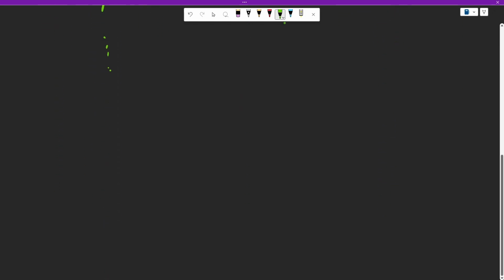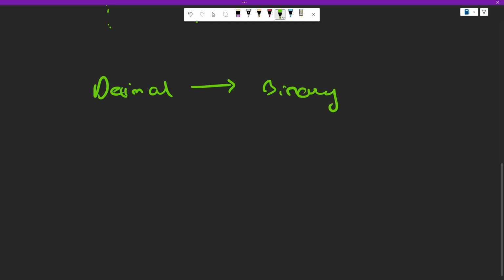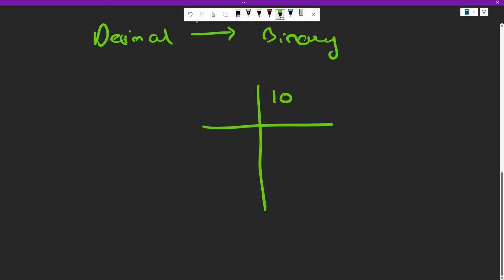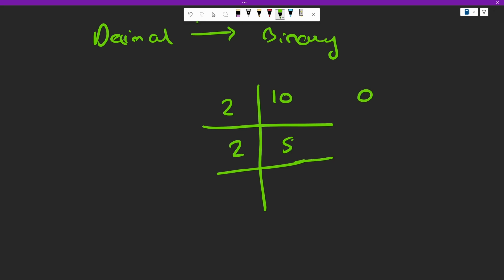Okay, so let's see how we can convert decimal to binary. We have the number 10, and when we have any number, we always divide it by 2. 2 fives are 10, remainder 0.